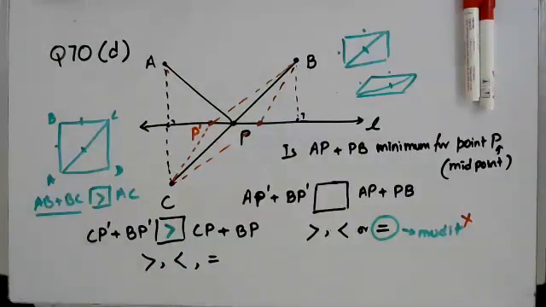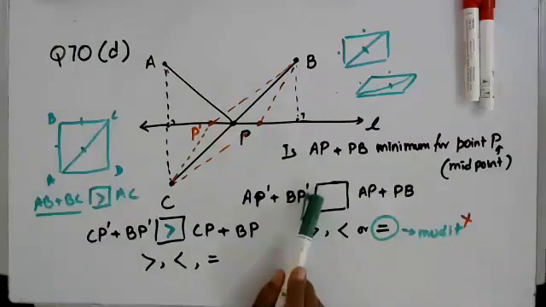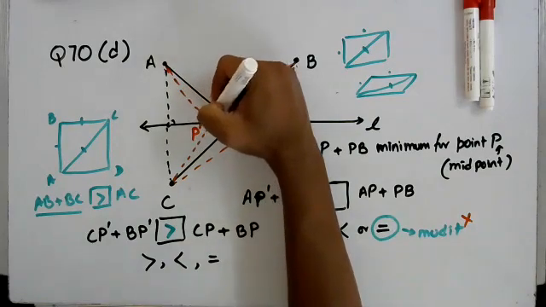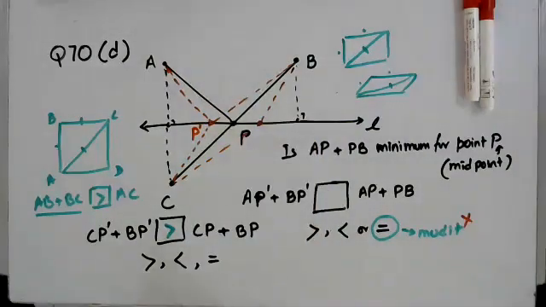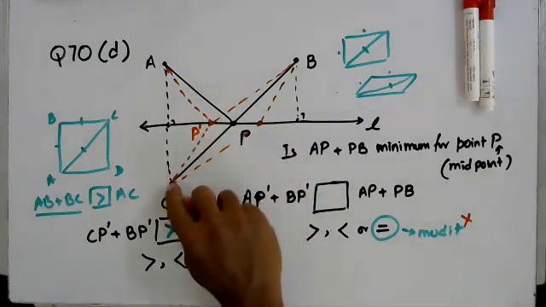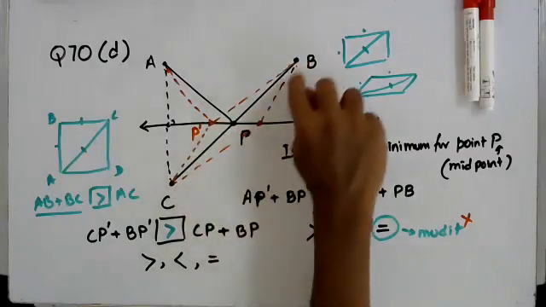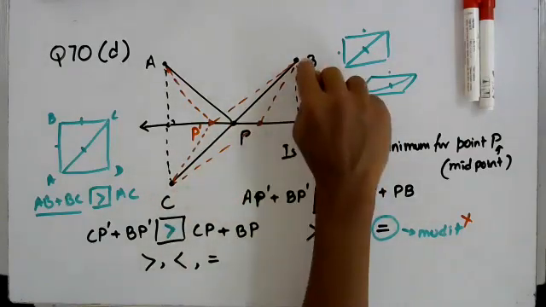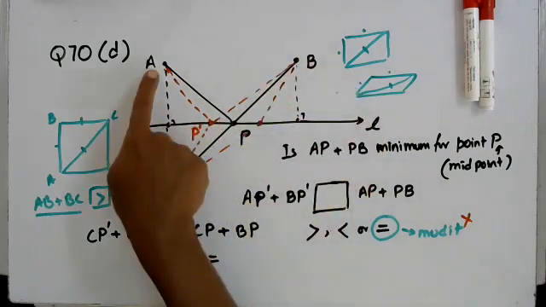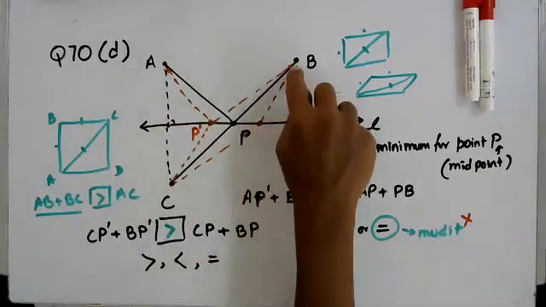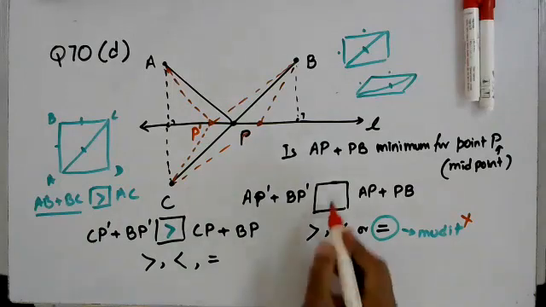Now, we haven't still answered our question. This is what we have to answer, right? So now I'm going to draw back this line. I'm saying if CP dashed plus BP dashed is greater than CP plus BP, then this line, which is the same as this line, plus this line is also going to be greater than.